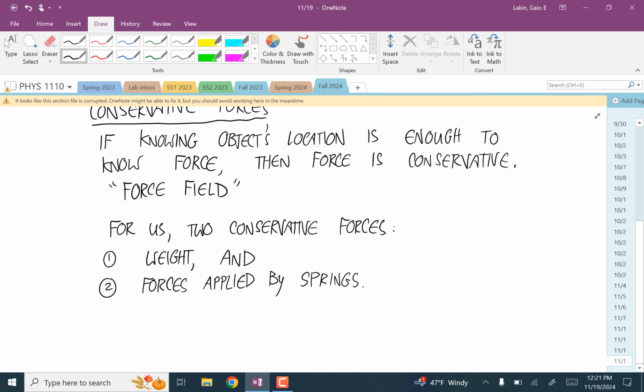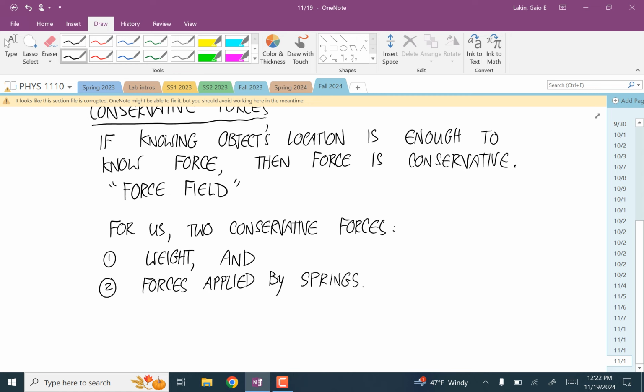And now, let's think about some of the other forces that we deal with all the time. So why don't those fit into this category? Let's first think about the normal force, the force that the table applies to this, pushing up. If I just set it here, at first thought you might think the normal force is just counteracting the weight force. So maybe this location is enough to know what the normal force is.